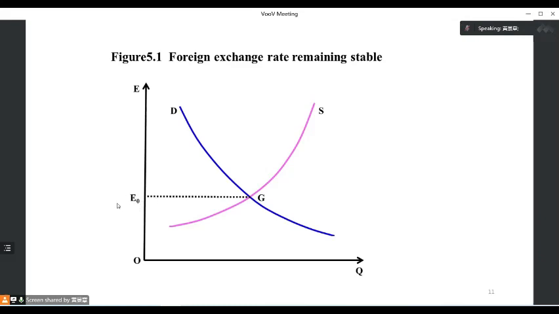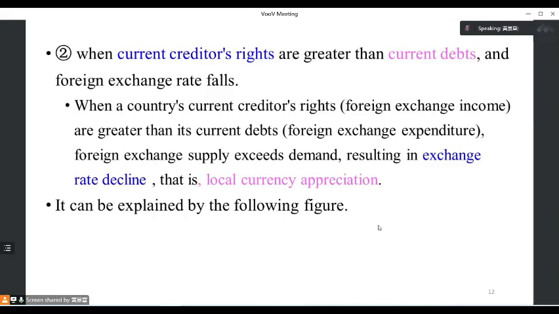E0 means stable exchange rate. And in this figure we should understand the horizontal axis means quantity of foreign currency, and the vertical axis means exchange rate, foreign exchange rate. Let's go on.